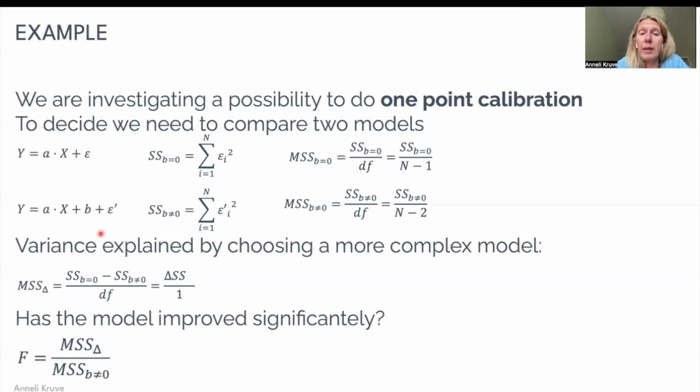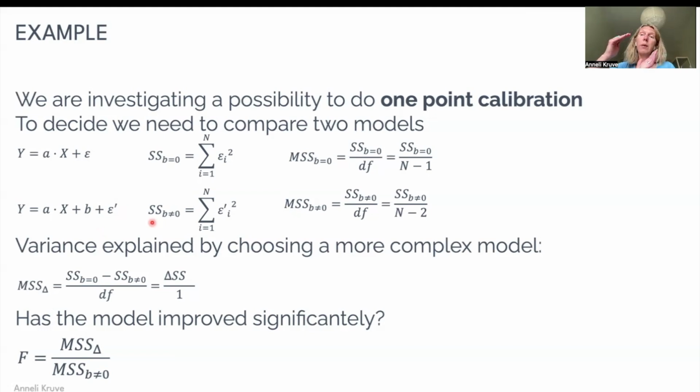And now we want to ask: is adding this intercept actually making the model significantly better? Is the variance that is additionally explained by adding the intercept statistically significantly larger than the remaining variance, so the variance that remains when we are using the more complicated model?